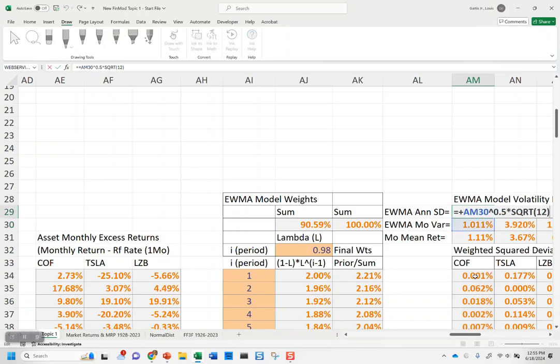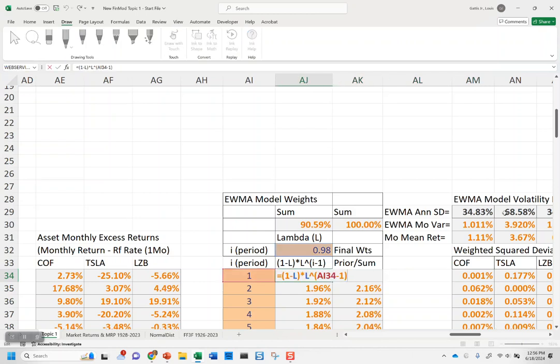However, I want the standard deviation, so I take the variance below. It's just the number below to the square root. Now this is the monthly standard deviation, and I multiply that times the square root of 12, and I get the annualized standard deviation. So let's take one more minute to look at this.